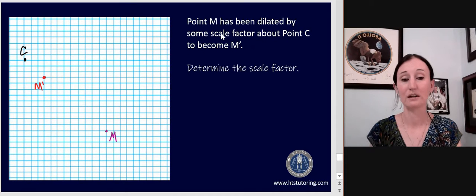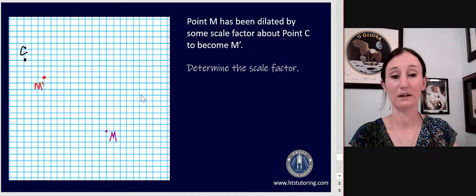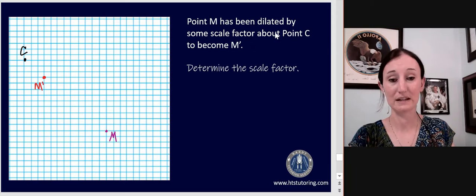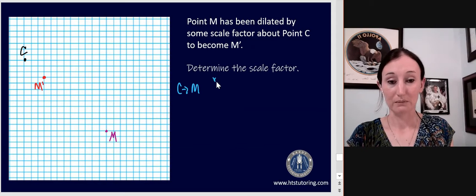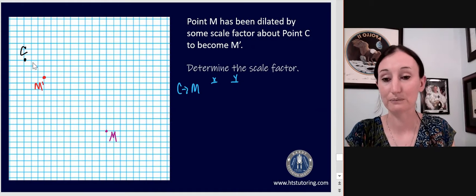So in this first one, point M has been dilated by some scale factor about point C to become M prime. So what is our reference point? Our reference point is C. If you remember from the past videos, we're going to set up that table. First we're going to determine from C to M what the x distance and the y distance are.